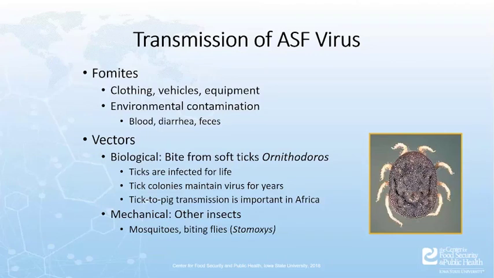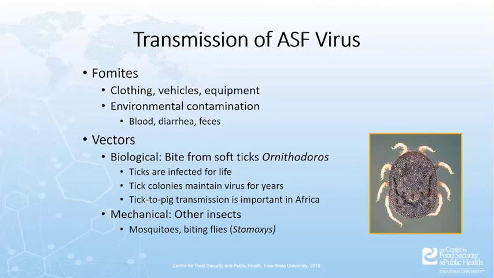So it can be transmitted by fomites, clothing, vehicles, equipment, and again, the environmental contamination with blood, diarrhea, feces. And in Africa, it's maintained in a soft tick vector.